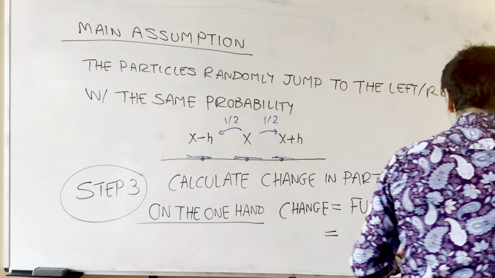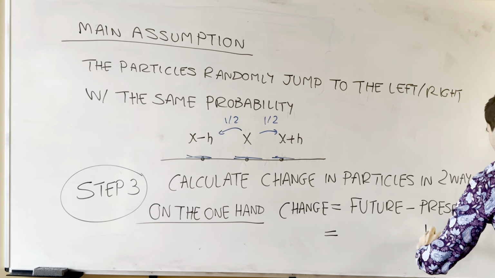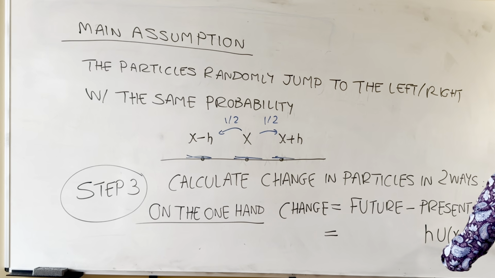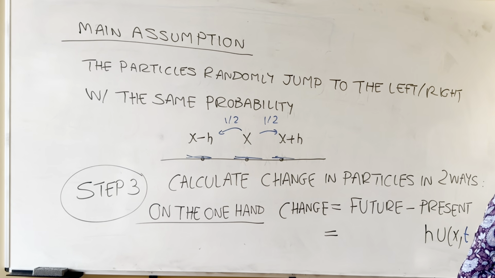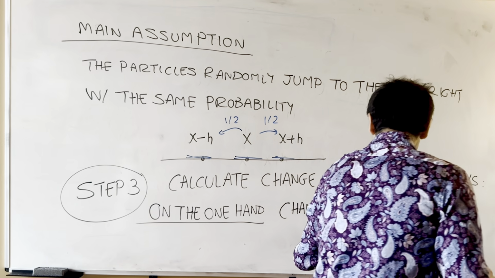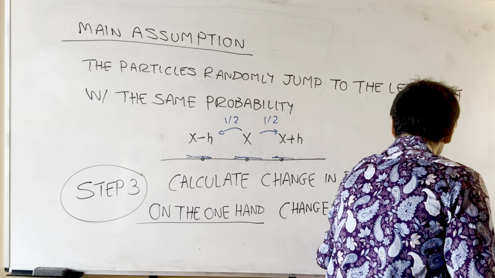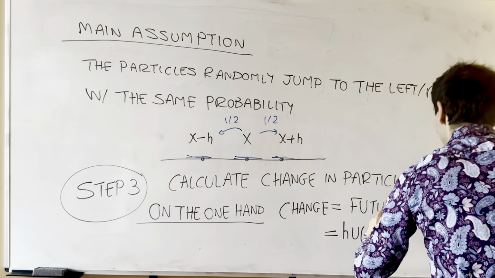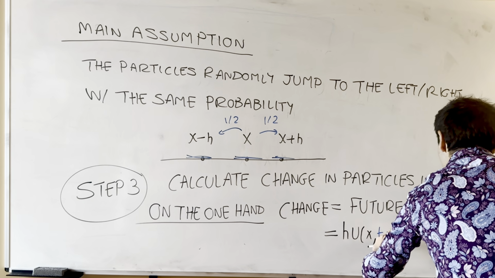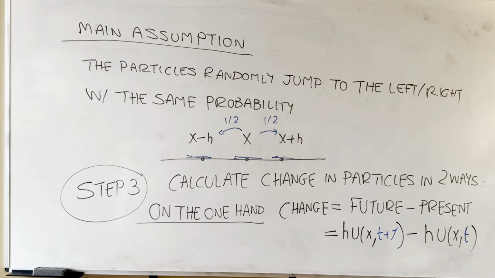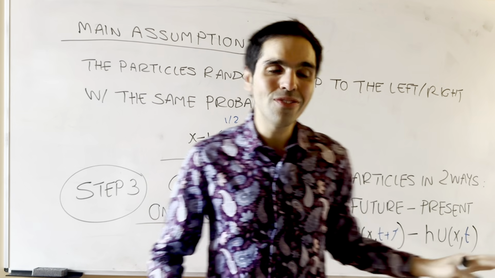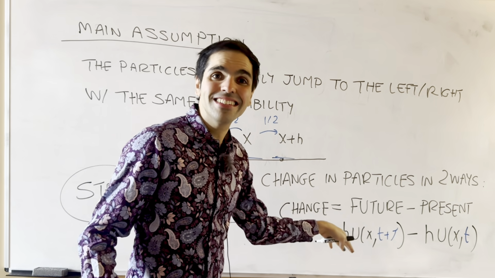So the present number of particles, remember it's h times u of x,t. And the future number of particles, it's the same thing, but at time t plus tau. On the one hand, that's sort of the easy step.